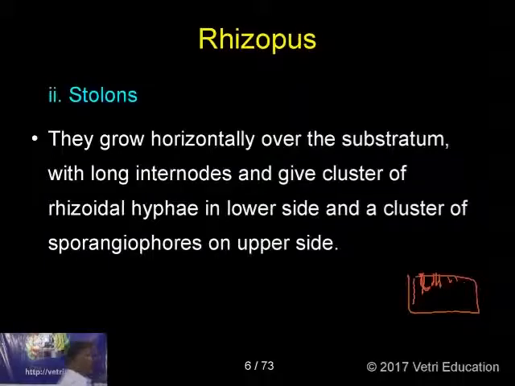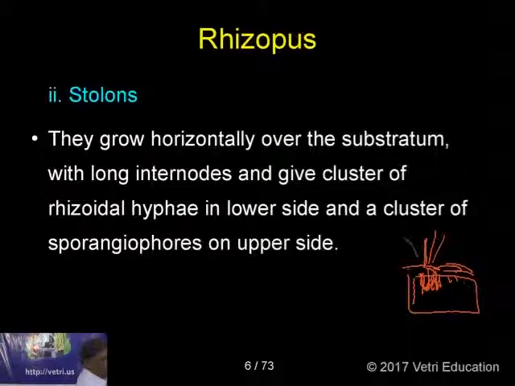And then on the surface you can find hyphae having long internodes. I will show the diagram. Long internodes they have, these are called stolons. In the lower side the stolon has rhizoid-like structures, and on the upper side unbranched sporangiophores develop.